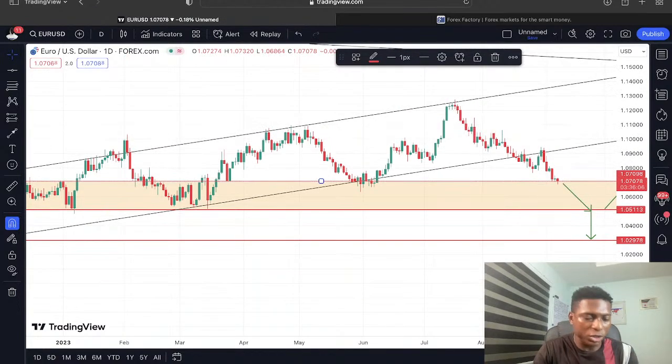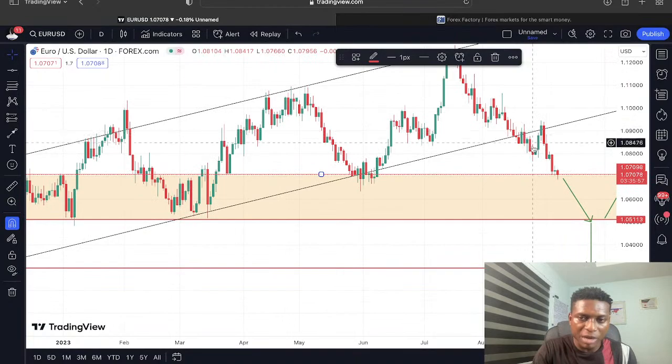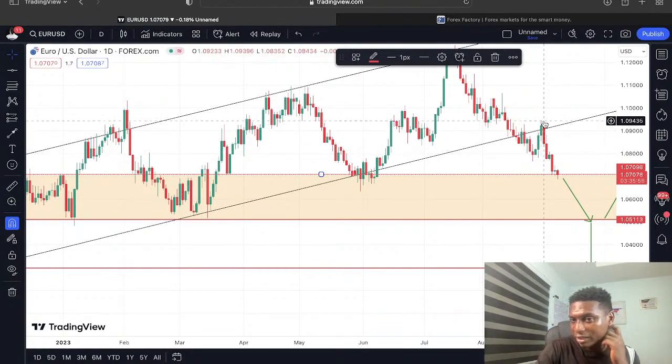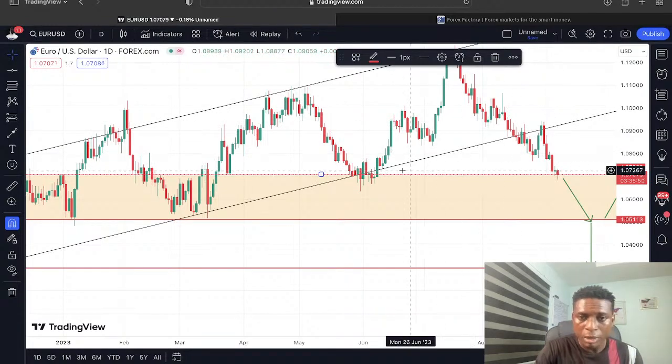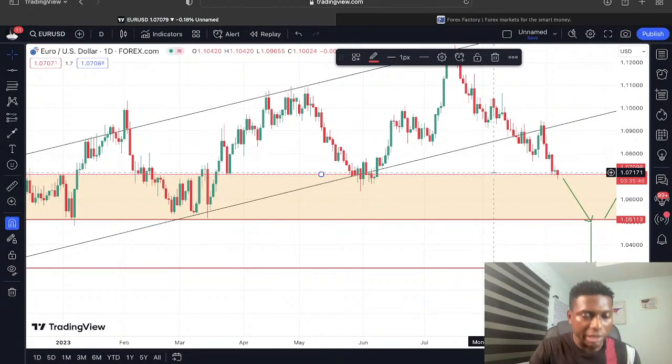All right, so the question is, what can you do, or what should you do as a trader right now? Okay, so don't forget that there has just been a breakout and a retest, and then price has continued to fall further, and of course now sitting pretty much on a minor support level.